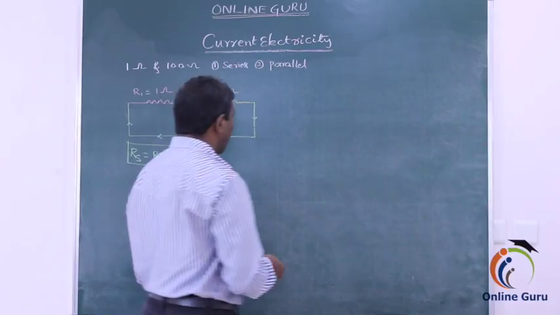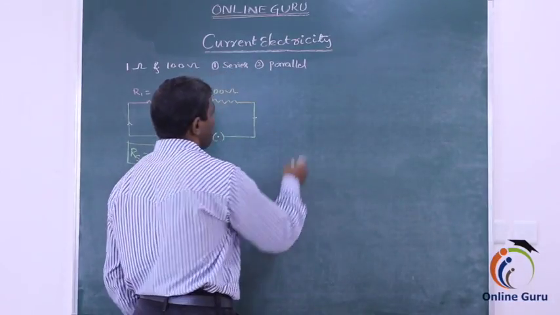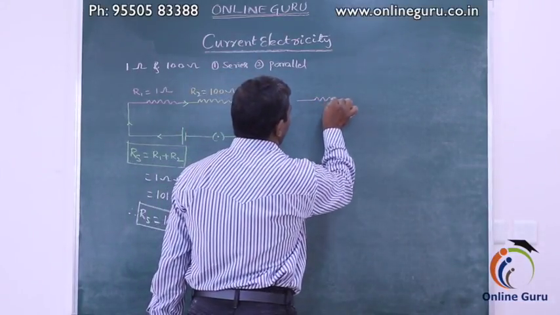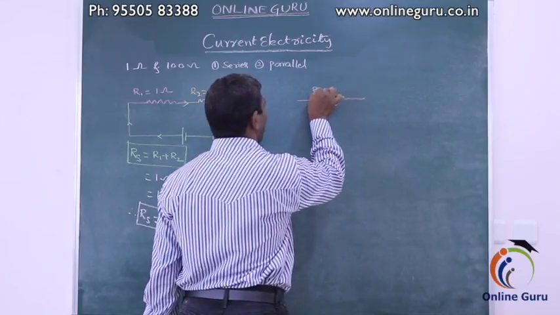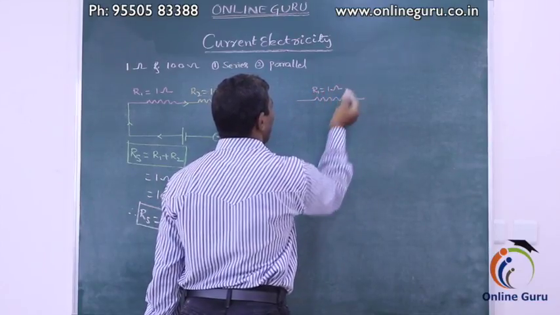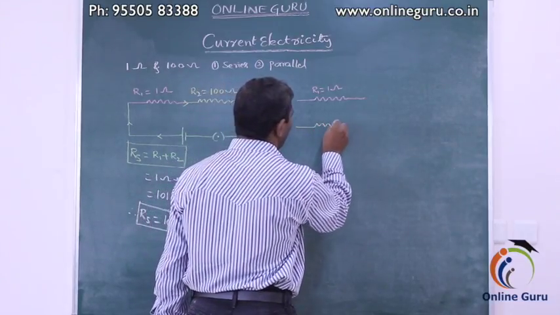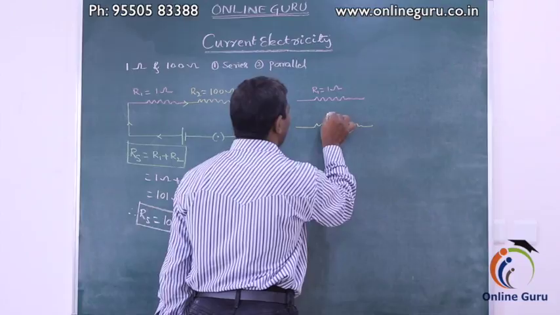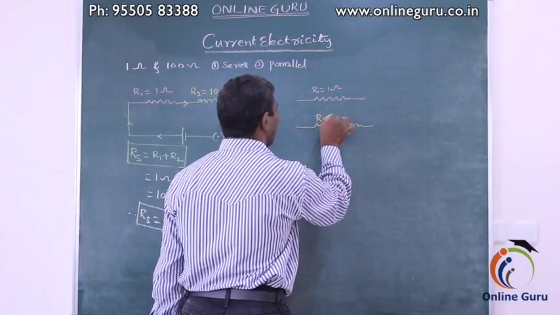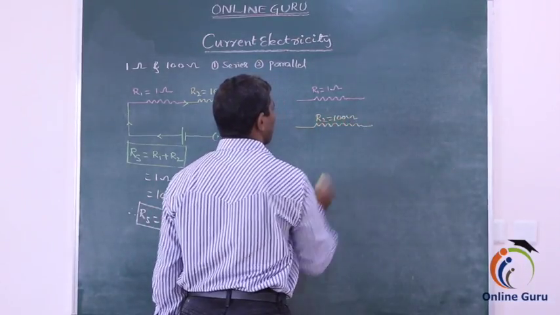Then go for the parallel combination of resistors. The first resistor has resistance 1 ohm and another resistor has resistance R2 is equal to 100 ohms.